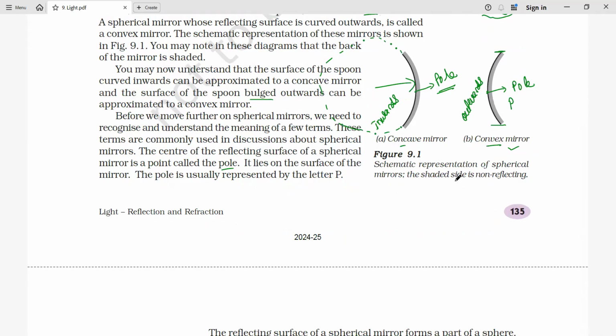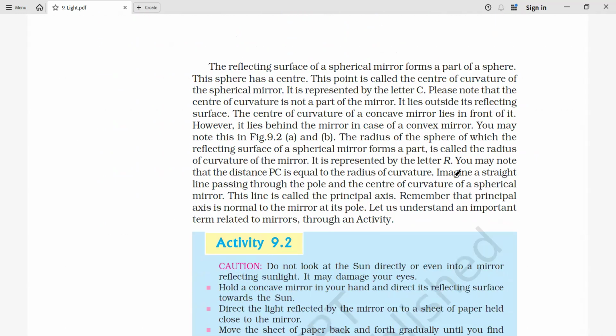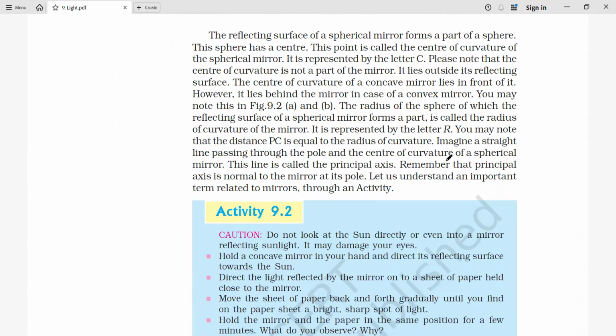Okay. Now we'll have a discussion about other parameters. Suppose, for example, we take any one mirror. All mirrors are part of some sphere only. So that spherical part, that reflecting part, has a curvature.